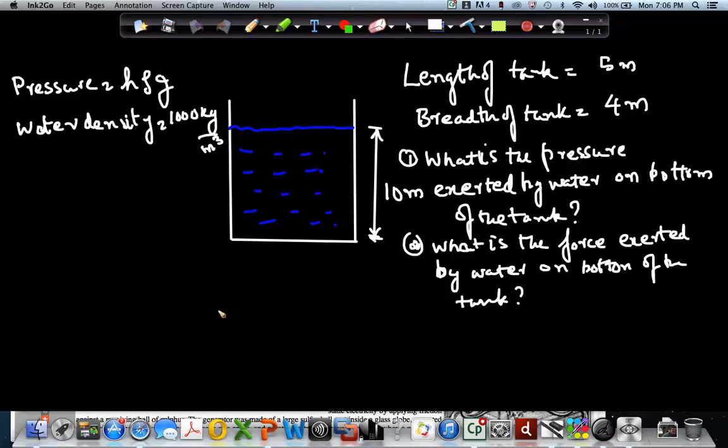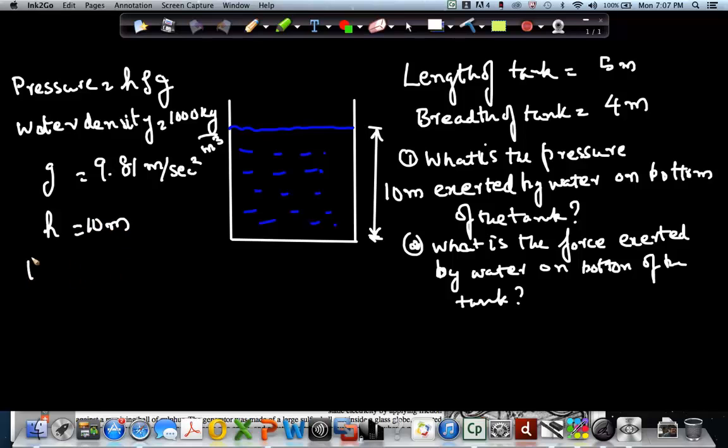So the density of water is 1000 kg per meter cube. What is G? G is 9.81 meter per second square, right? That is also known. And what is H? H is the height. What is H here? It is 10 meters, right?